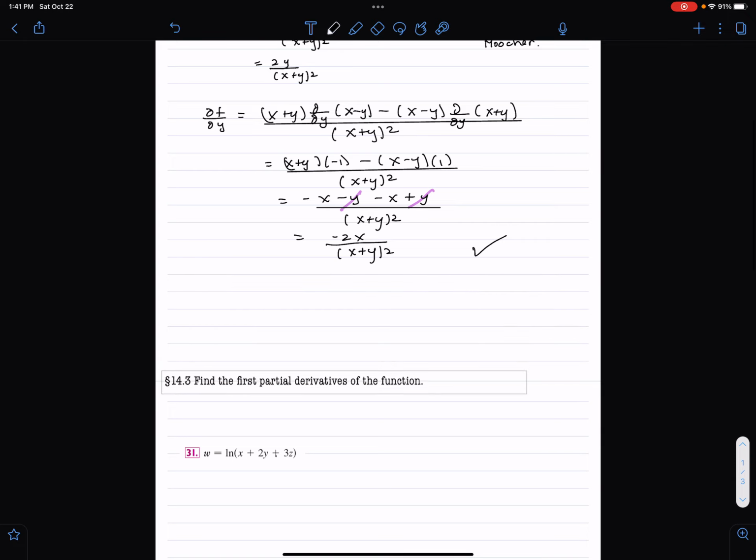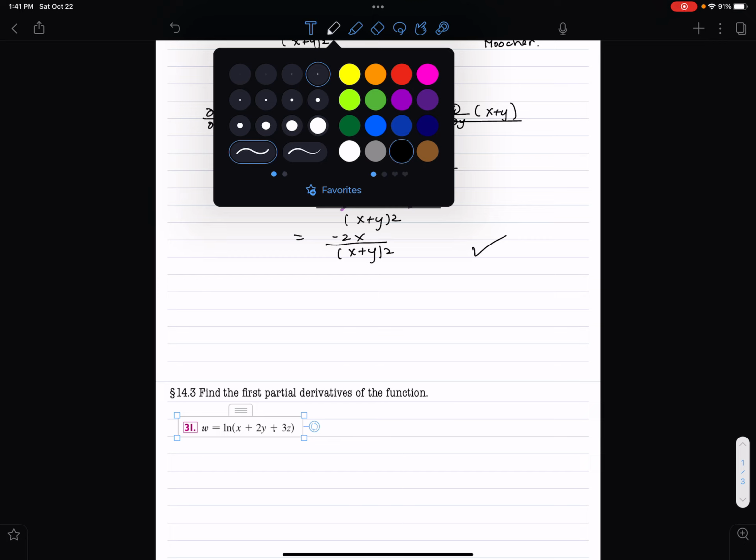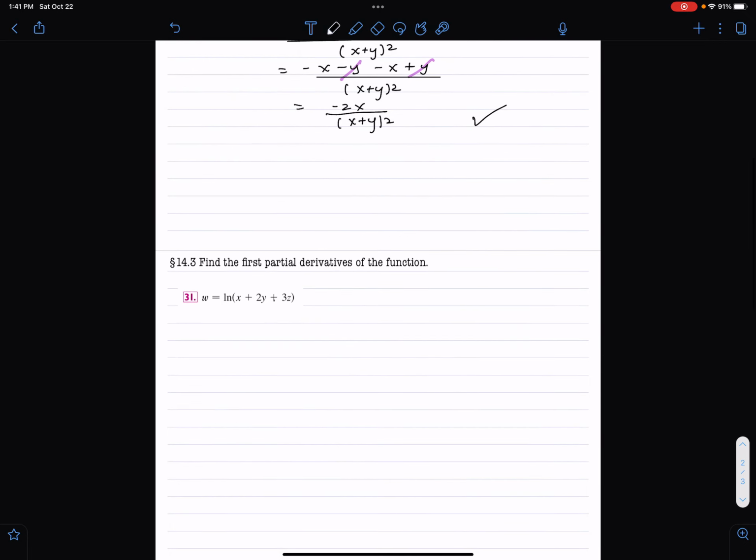So just remember that the derivative of ln u is going to be 1 over u times the derivative of what's inside. D standing for derivative, and say if you're doing it with respect to x, you put a little x there if you want.